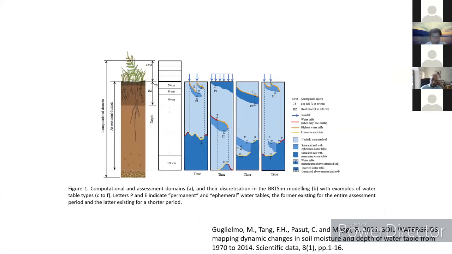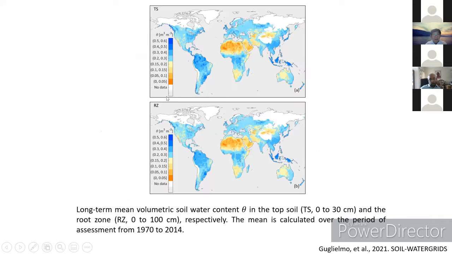This example is already published by my colleague Federico Maggi. This is about simulating the water content of the soil profile. The soil profile is 1 meter, but it goes deeper into the water table because you can simulate them, and you define the root zone as 40 centimeters, and you run the model.